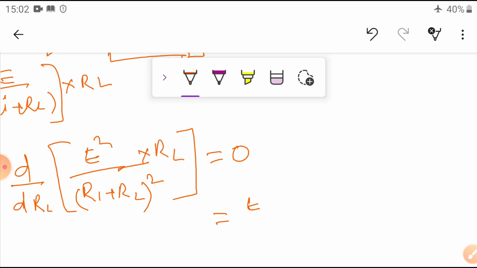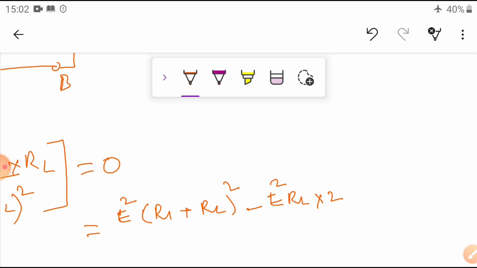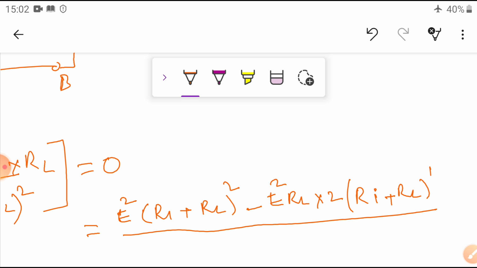Here, E square into RL, where the derivative of RL is 1, you are going to get Ri plus RL whole square, minus E square RL into 2 into Ri plus RL, divided by Ri plus RL whole to the power of 4. This is the du by dv differentiation rule, which you are very familiar with.